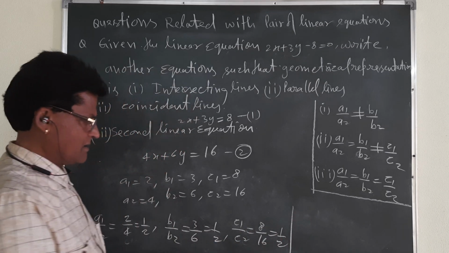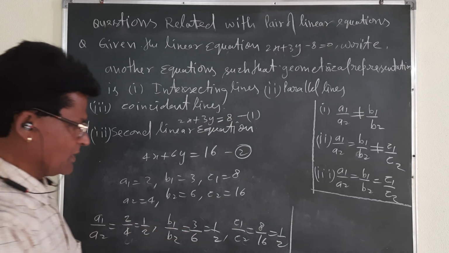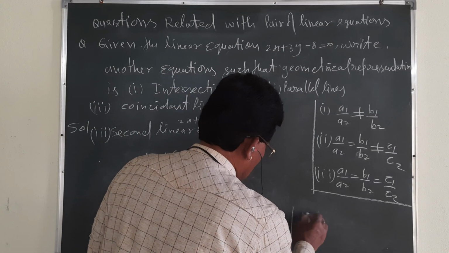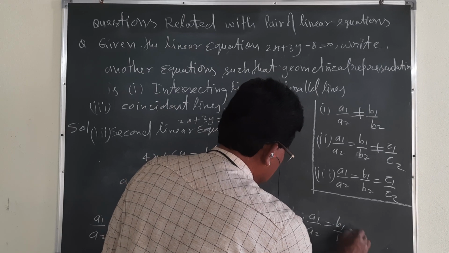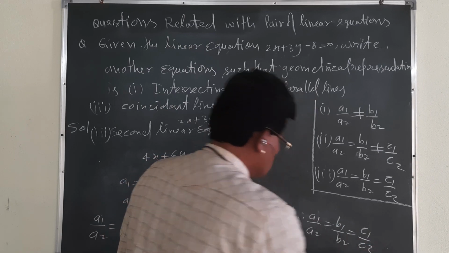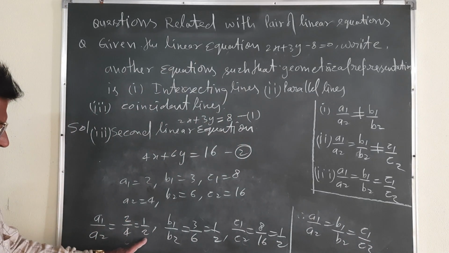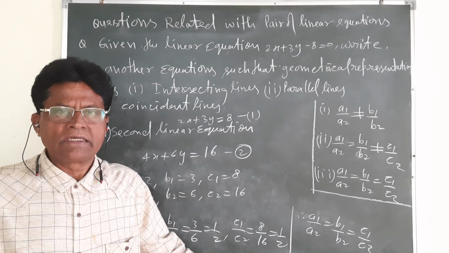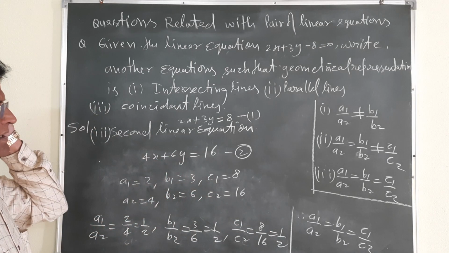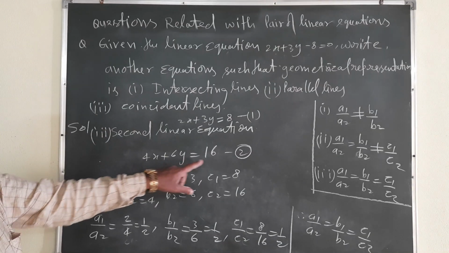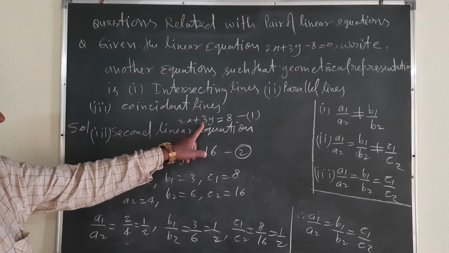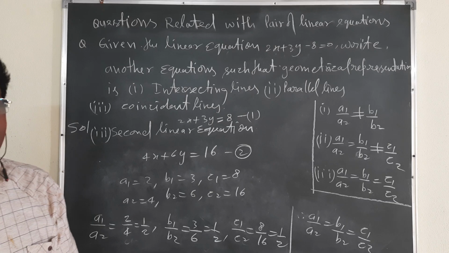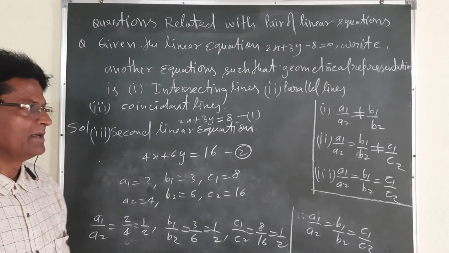What does it mean? All are equal. Therefore, A1 upon A2 is equal to B1 upon B2 is equal to C1 upon C2. You see, 1 by 2, 1 by 2, 1 by 2. That is why we have given the example of the linear equation, so that when we compare it with the first, it will be dependent or coincident.